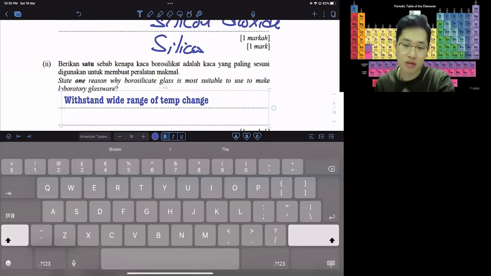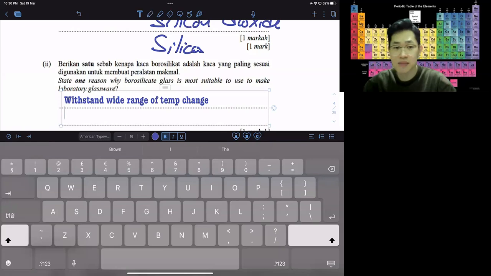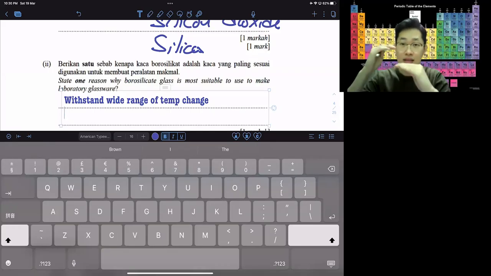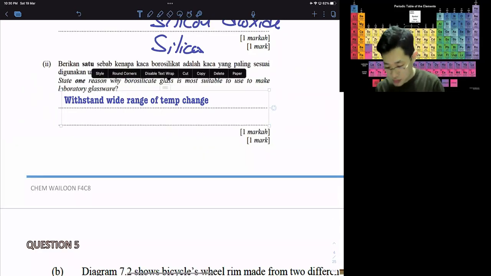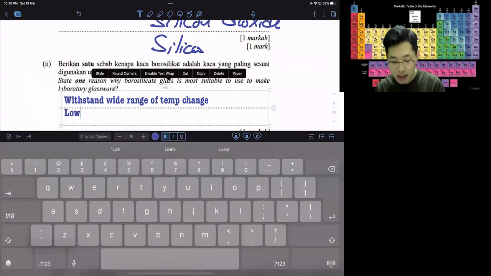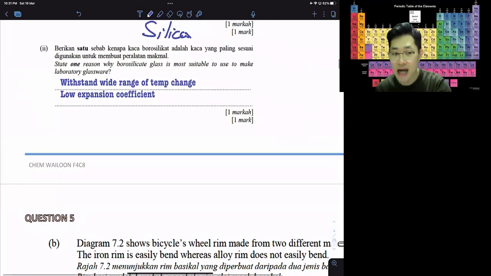You can't just write high melting and boiling point or resistant to heat, because most glass has a high melting and boiling point. Most glass, the general properties are there: heat insulator, resistant to heat. But why is borosilicate a bit better than the others? Wide range of temperature change, or low expansion coefficient. Expansion is referring to thermal expansion.